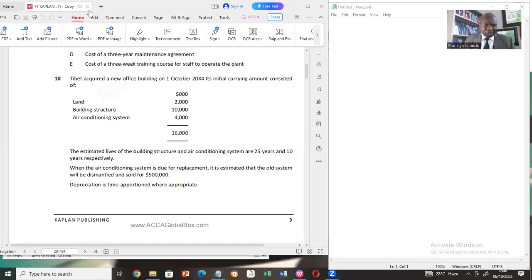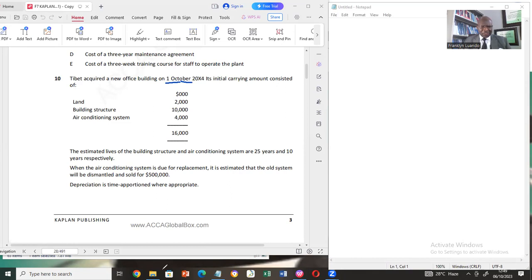The question here: Tibet acquired a new office building on 1 October 20x4. So the dates are very important. Its initial carrying amount consisted of land, which is never depreciated because it has an indefinite expected useful life, building structure, which is depreciated, and air conditioning, which is depreciated.